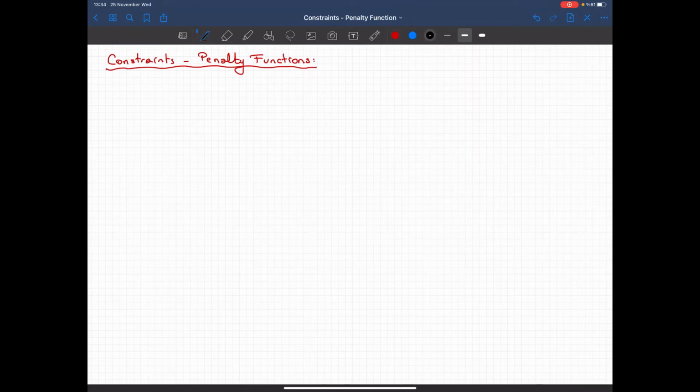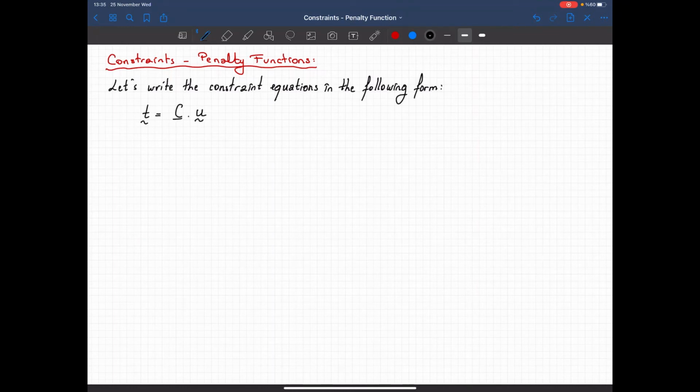In order to do the derivation, let's first write the constraint equations in the following form: T is equal to C times U minus Q, and let's call this equation 1.